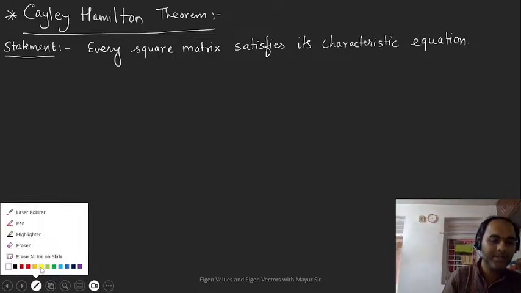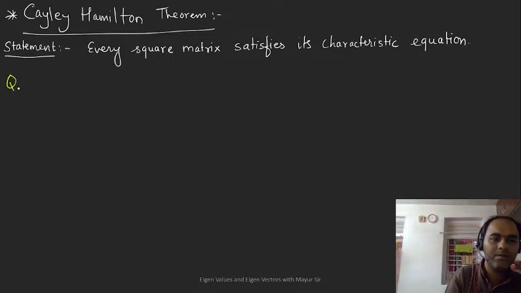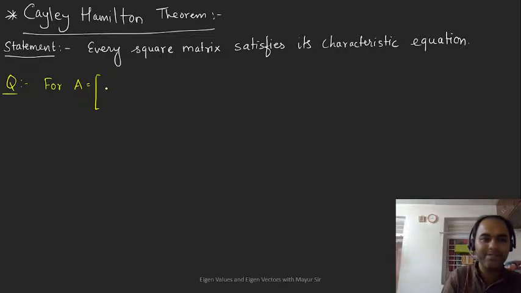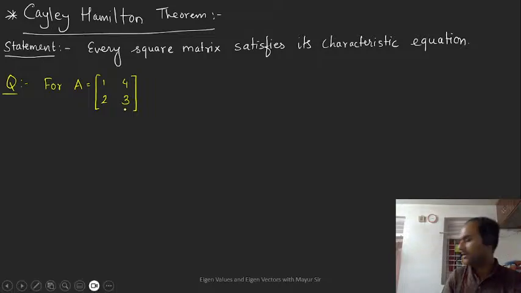So the question here is this: for A equal to, we have already seen this matrix 1 2 4 3.